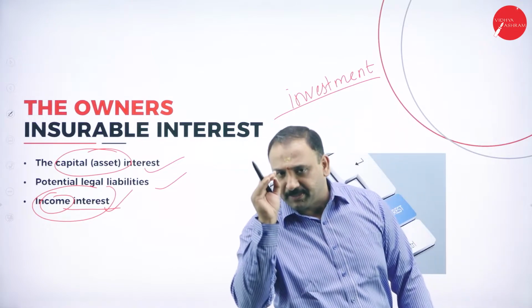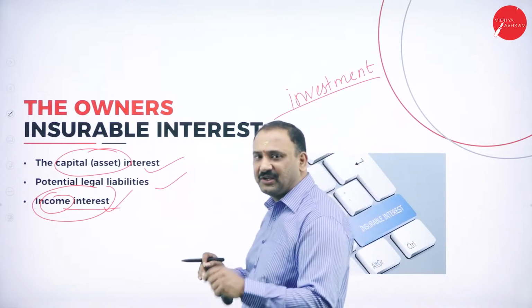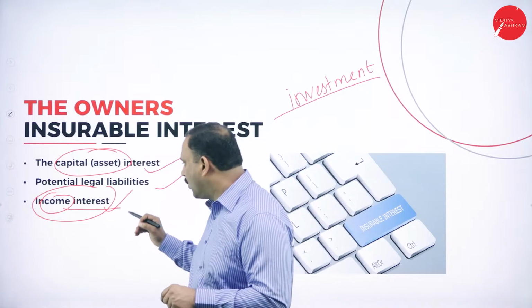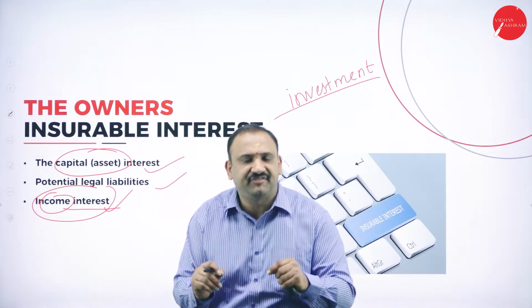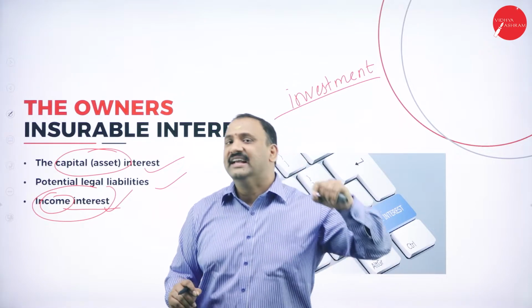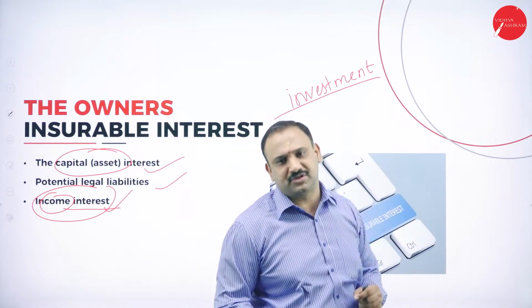So the insurance will first try to make an assessment to see what is the potential income that can be affected in case the ship gets damaged, in case the ship comes to some trouble.